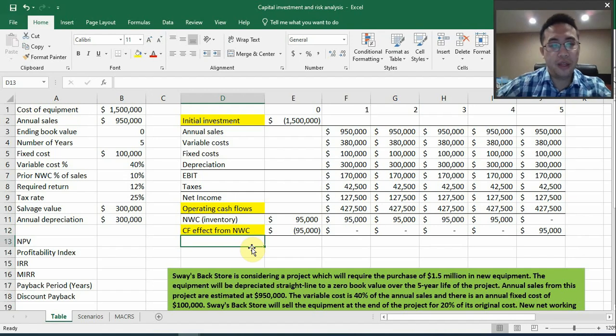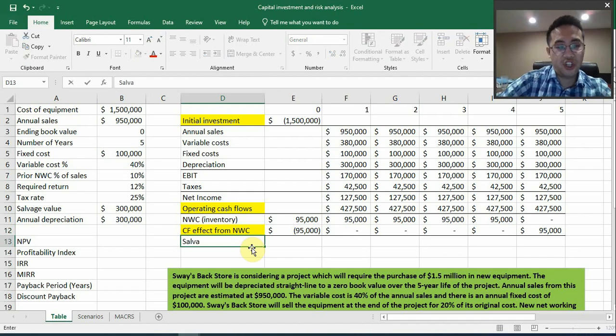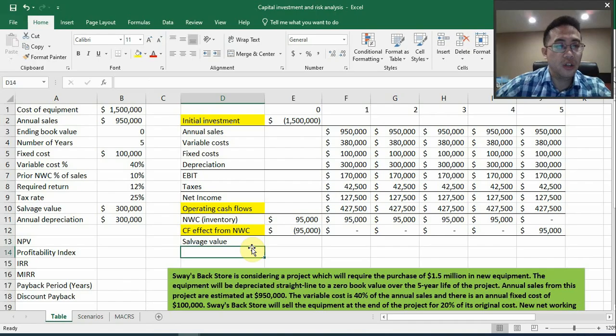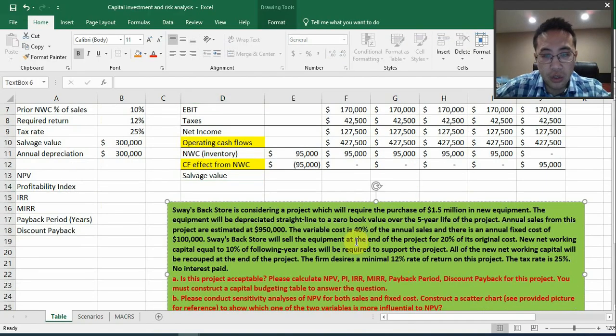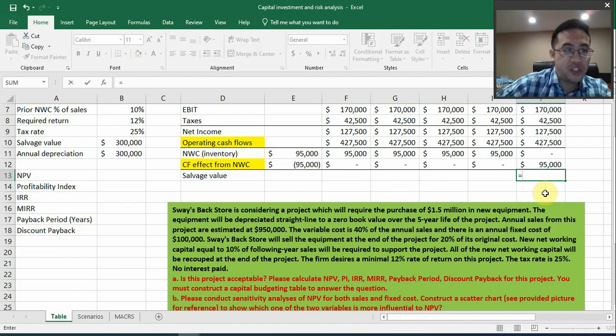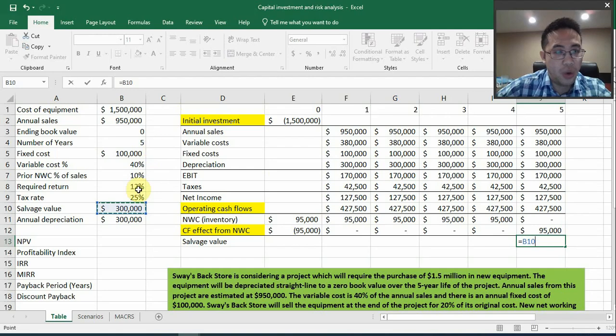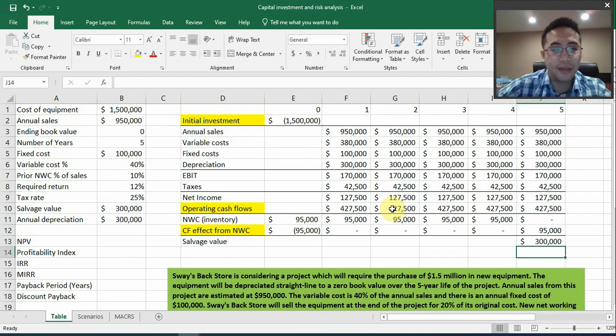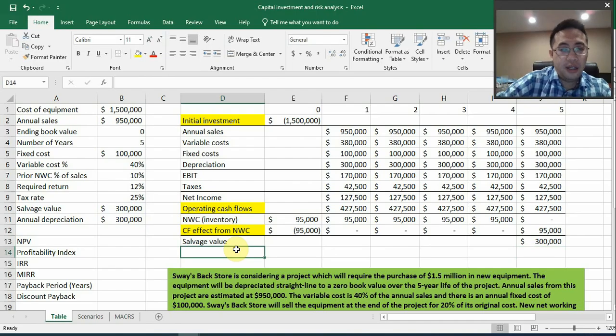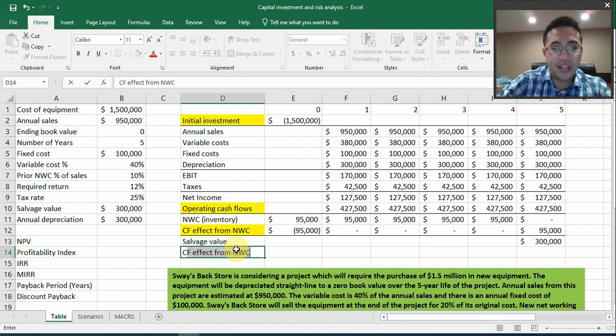The last one would be the terminal value. You have a salvage value here: you sell the machine for 20% of its original cost. So of course you're going to receive that $300,000 salvage value, which is 20% of the 1.5 million, as a cash payment, and you're also going to pay capital gains tax.